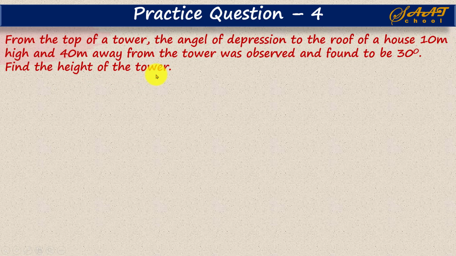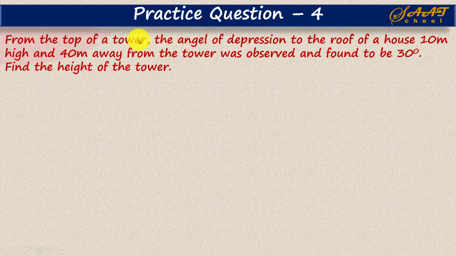Again, now we have to identify which one is taller, the tower or the house. To find that out, from the top of the tower, meaning the observer is on top of the tower, he makes the angle of depression to the roof of the house, meaning he looks down to the roof of the house.